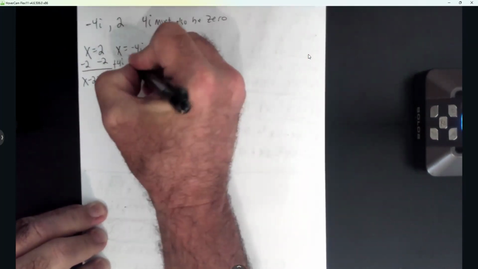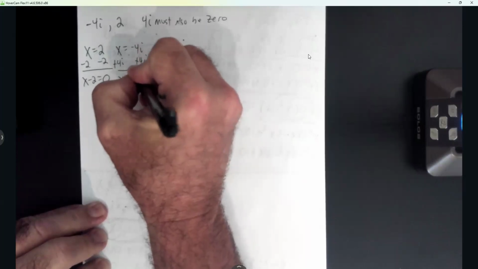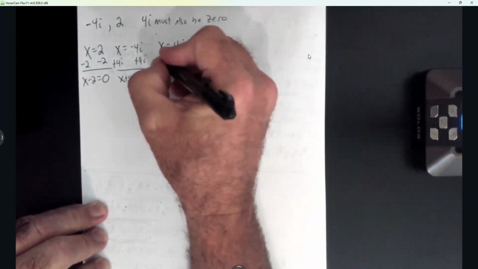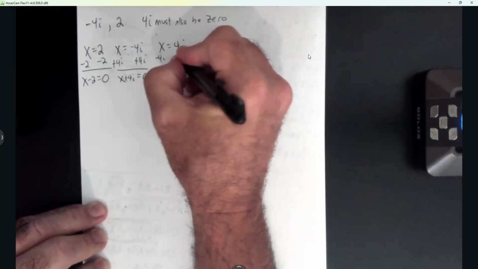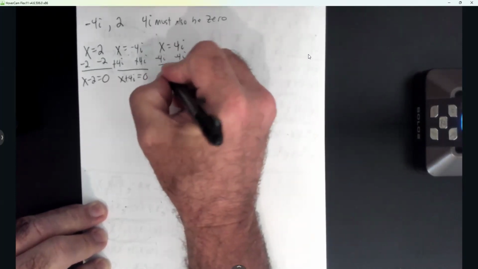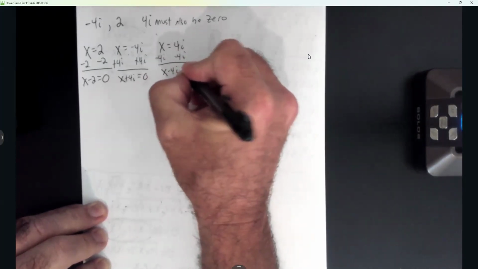Get zeros on the right side by subtracting and adding. So I get an x minus 2 equals 0. Here I'll add 4i. X plus 4i equals 0. And on this one I'll subtract 4i, and x minus 4i equals 0.